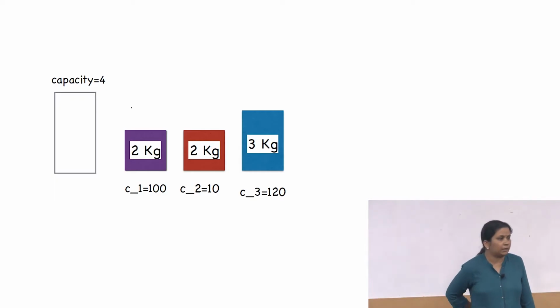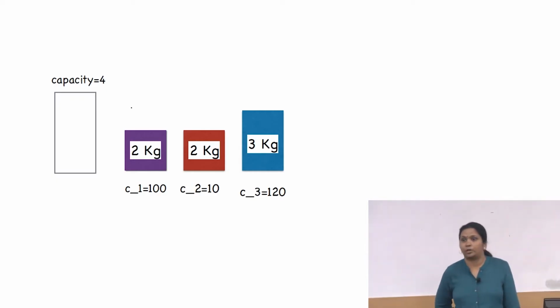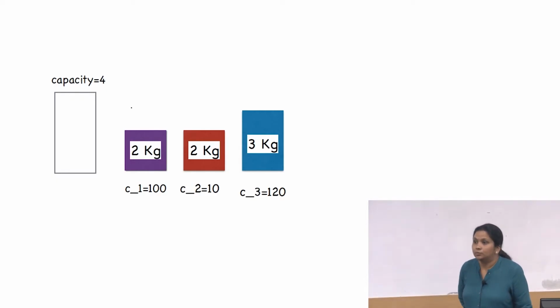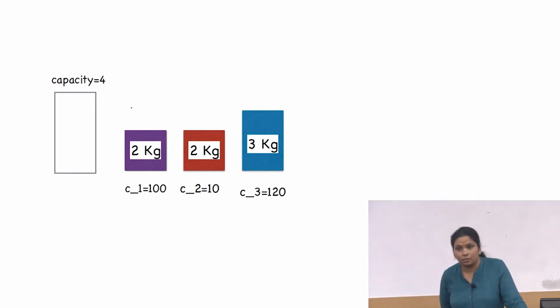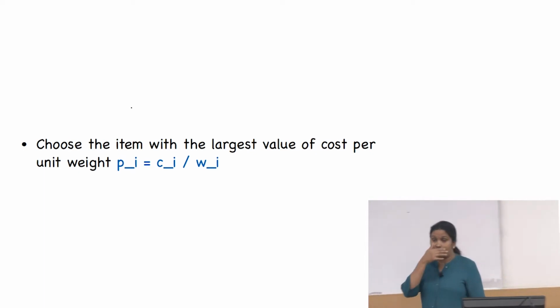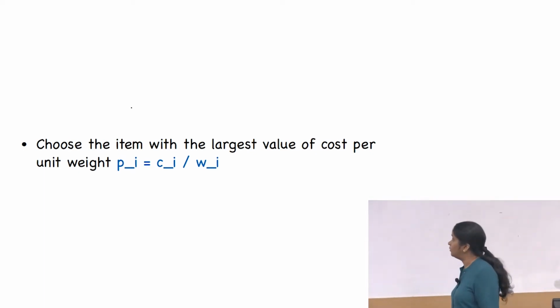And what are the possible choices for your greedy? This is what you are going to do. Choose the item with the largest value of cost per unit weight. We call it Pi.